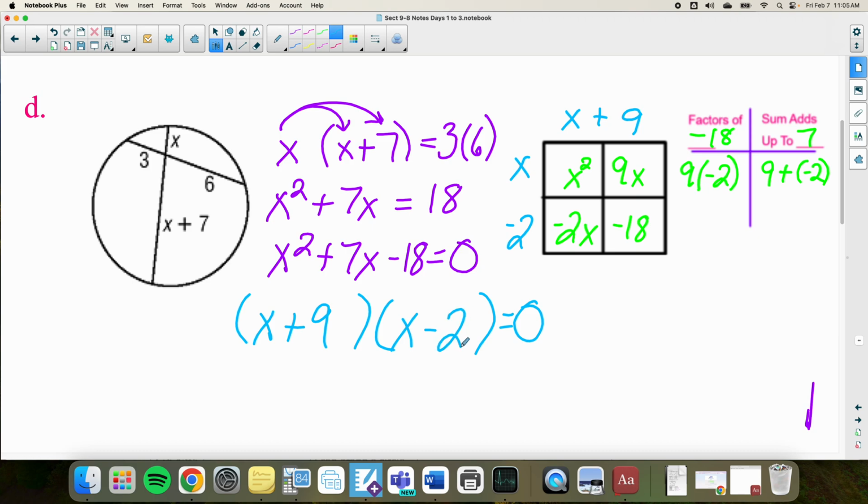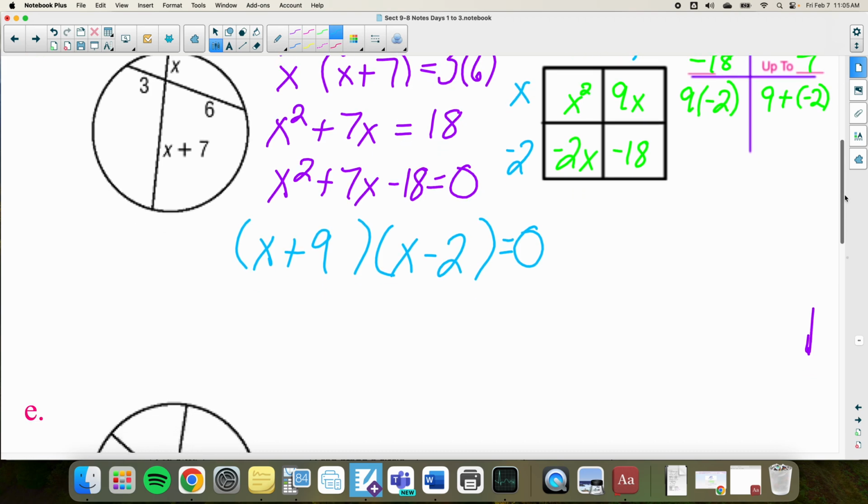Okay, now when we went to find what x was, do you guys remember what the shortcut was? It's the opposite. So this is plus 9, so this would be negative 9. Negative 2 would be 2.